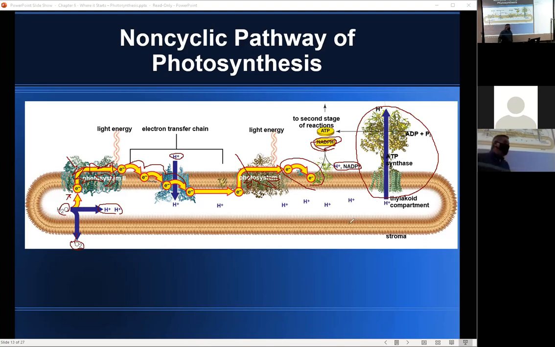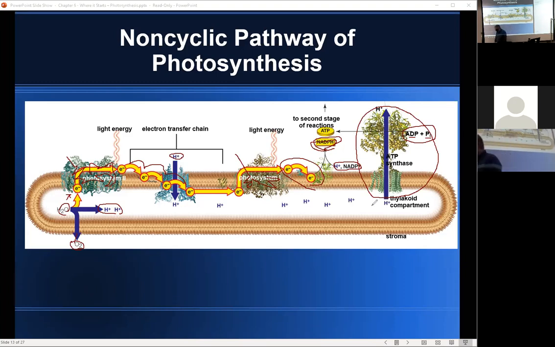So we have a channel here. Protons are going to go down their concentration gradient through that channel, and as they pass through that channel, some of the energy of them passing through is captured and again used to do work. Specifically, that energy this time is used to drive the reaction of taking ADP plus inorganic phosphate and making ATP.